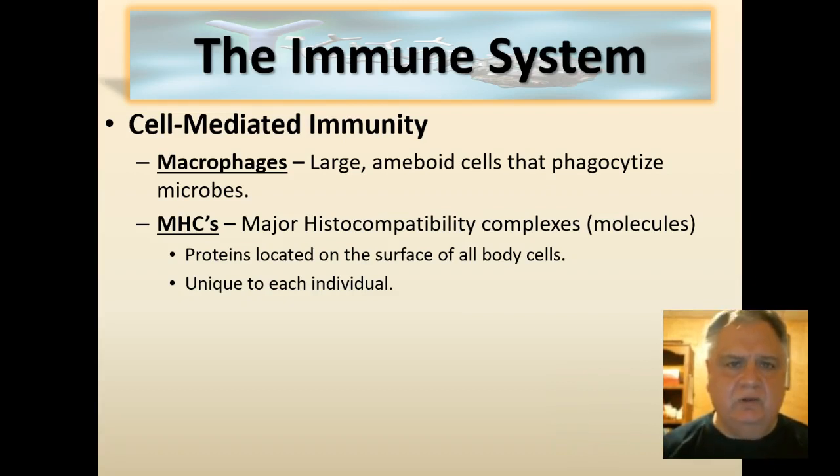No two individuals, possibly with the exception of identical twins, have the exact same major histocompatibility complexes on the surface of their cells. So everyone who's watching this video, no two of us, including myself, have exactly the same major histocompatibility complexes that stick up off the surface of their cells.